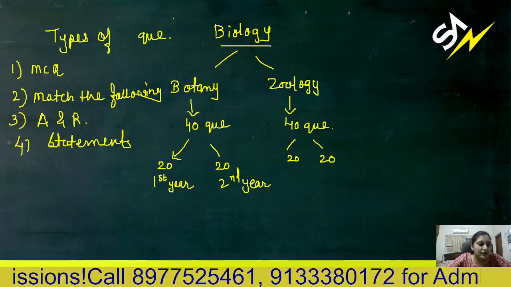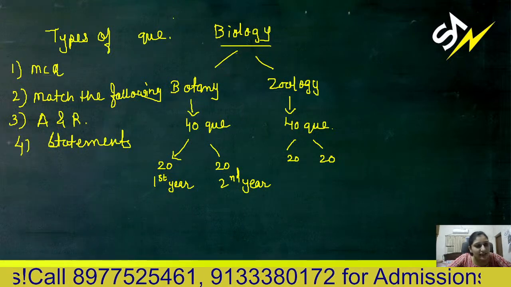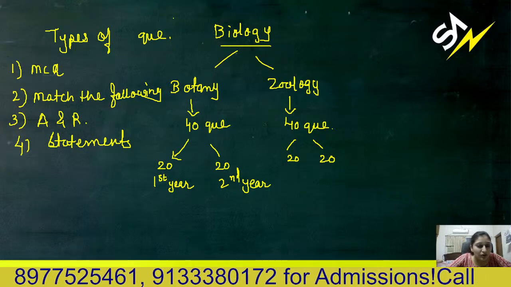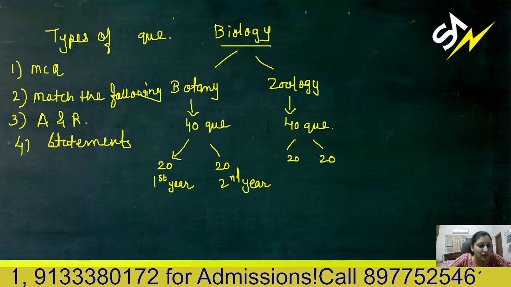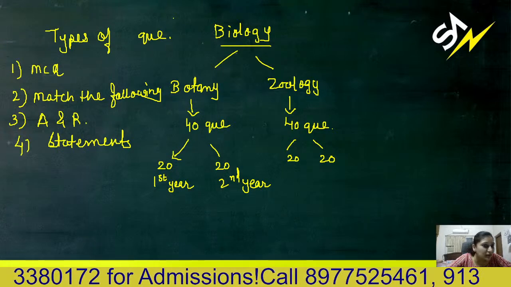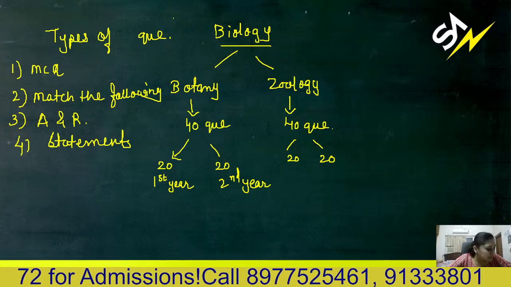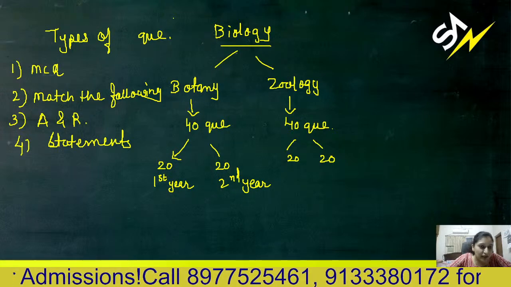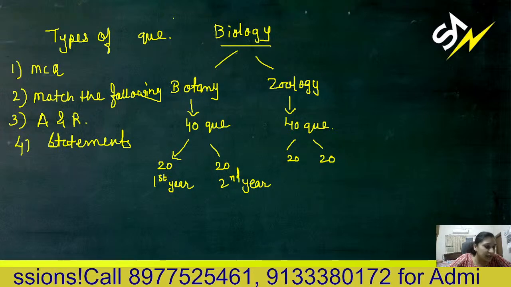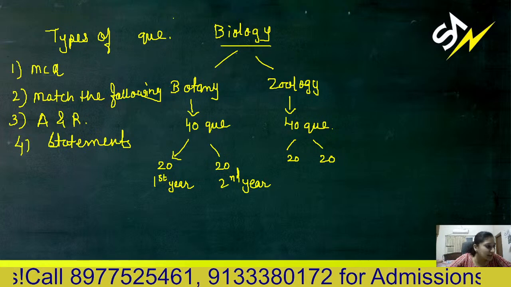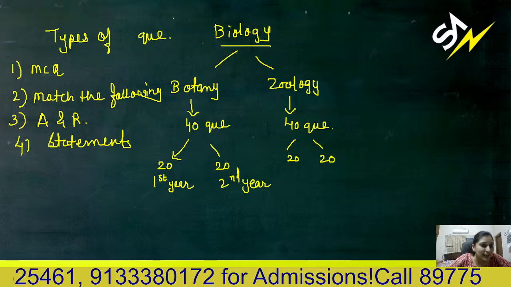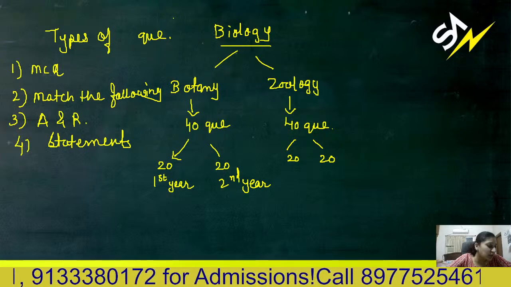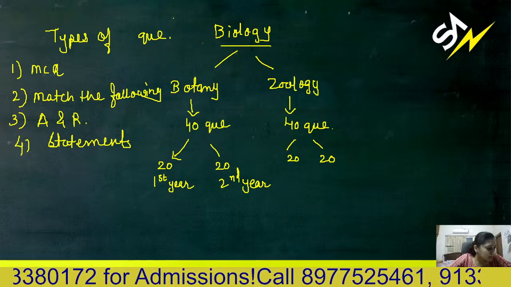So now we'll discuss the EAMCET part. Again, same biology, same botany, zoology. You will get 40 questions here in case of EAMCET. One of the benefits of EAMCET is that there is no negative marking. If you are attempting EAMCET 2023, then this will be important for you. If you prepare for NEET, then you will clear EAMCET with a good score.